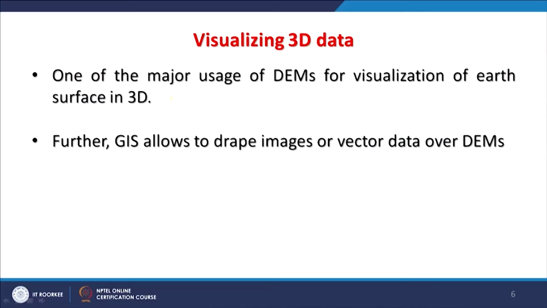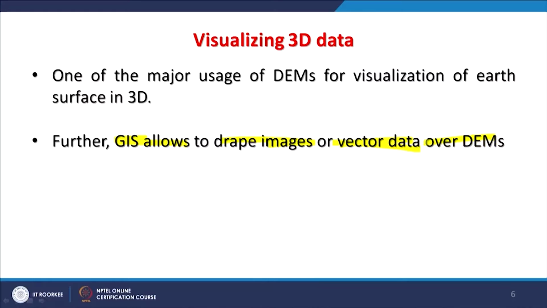So, for that purpose we always go for integration of the DEM with satellite data, and our GIS platform allows us to grab these images, like in Google Earth, Landsat and Sentinel images, or even vector data like locations, earthquake locations, city locations or demographic data or any other such data sets, over the DEMs.